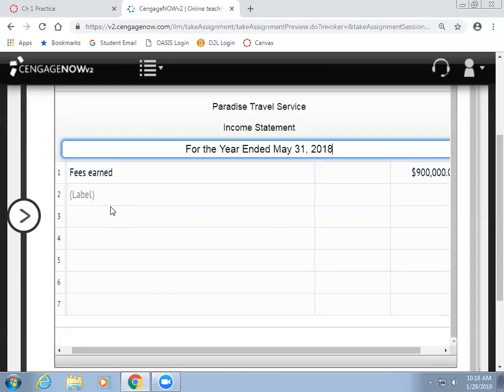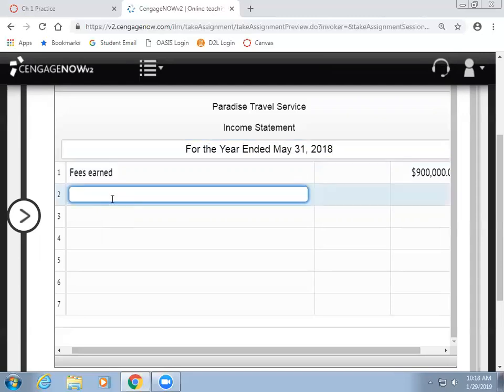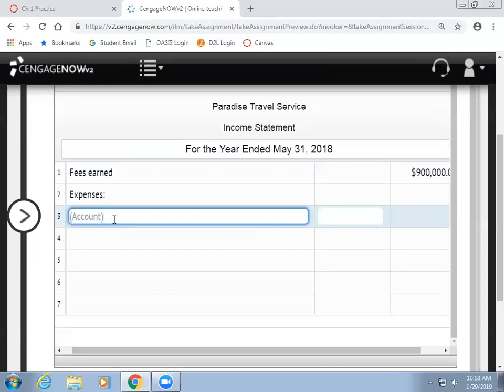On the second line, it's looking for a label. Well, we need to add up our expenses. So my label is actually the word expenses. And then they'll put the colon in for you. Don't type the colon. So just type the word expenses.